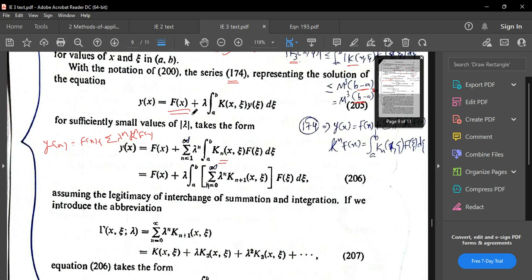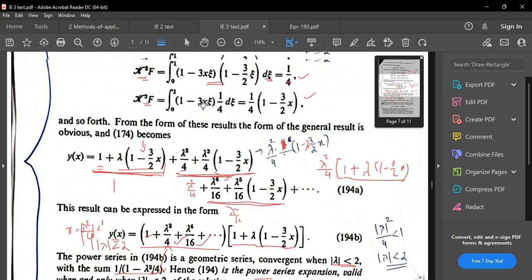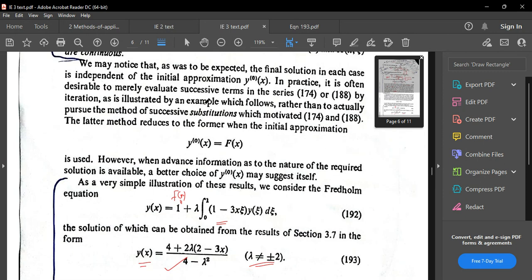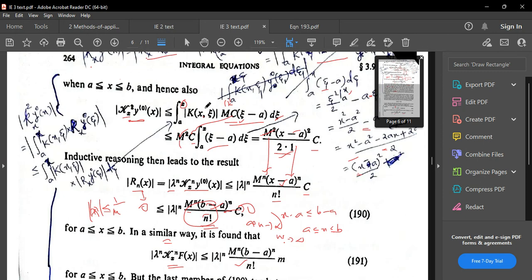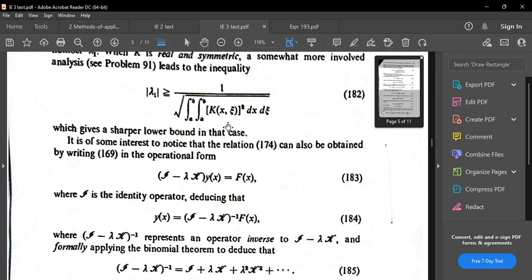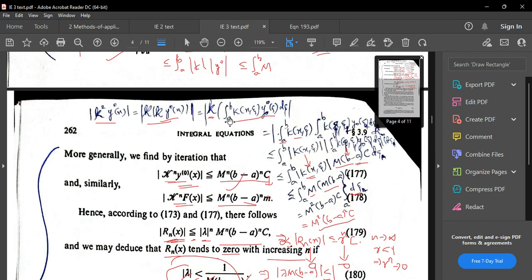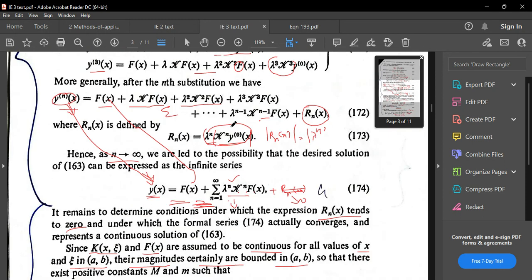What is the solution of this integral equation? We have already calculated it here. Sorry, this is Volterra type. This is for Fredholm type. The same, but there is a difference.